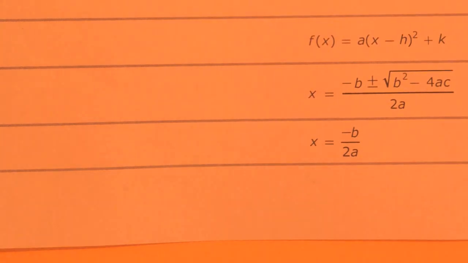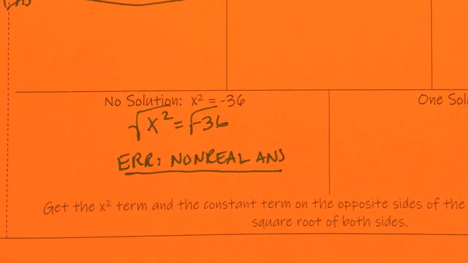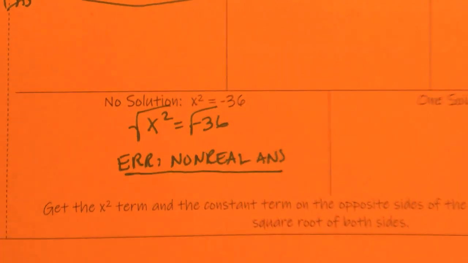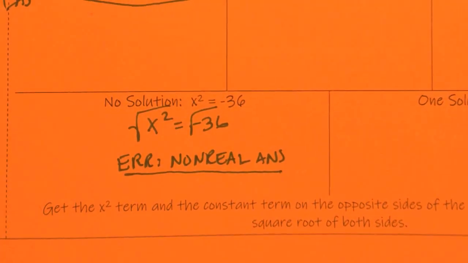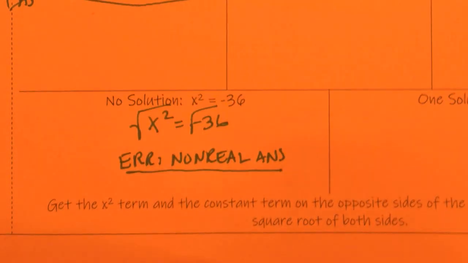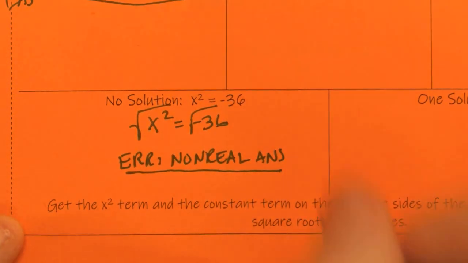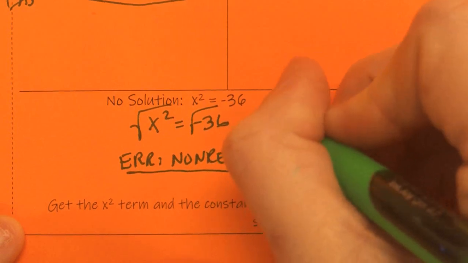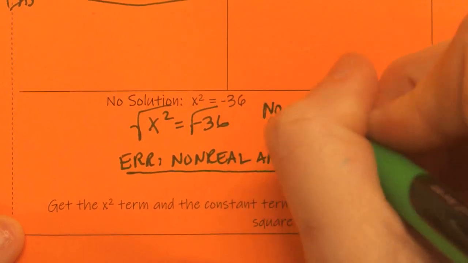If you get error, non-real answer, the first thing you're going to do is check and make sure you didn't put something in wrong. And then the second thing you're going to do is say, oh, there must be no real solution. So this means no real solution.